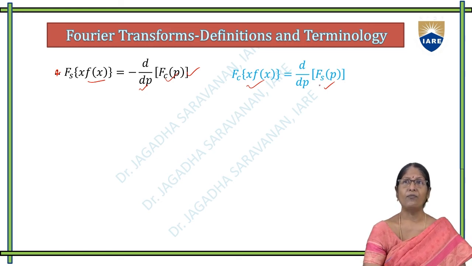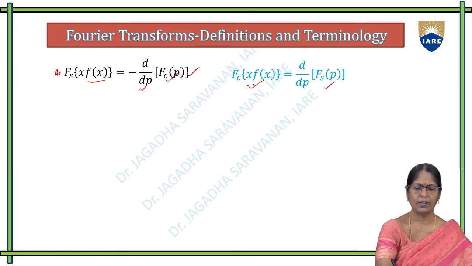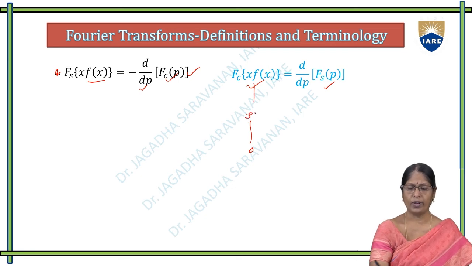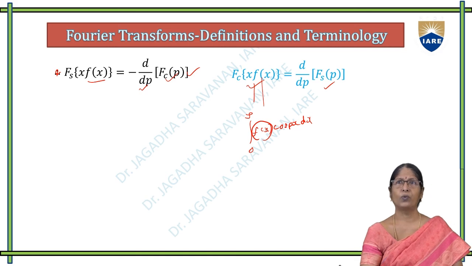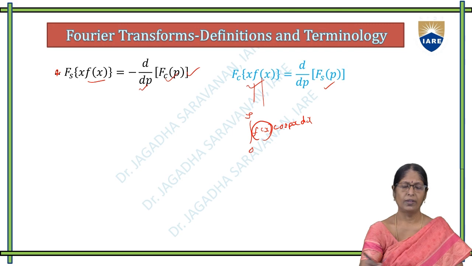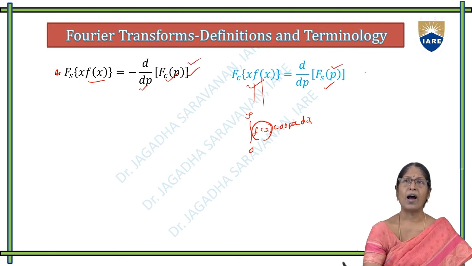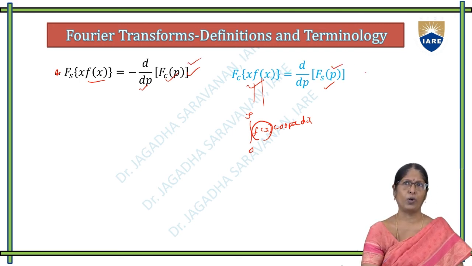That is the Fourier sine, the first derivative with respect to p, we have to do. The other is a very long method, integral 0 to infinity f of x cos px dx, replacing it here. It's a very long method, but both results will be the same. These are some identities, standard formulas.